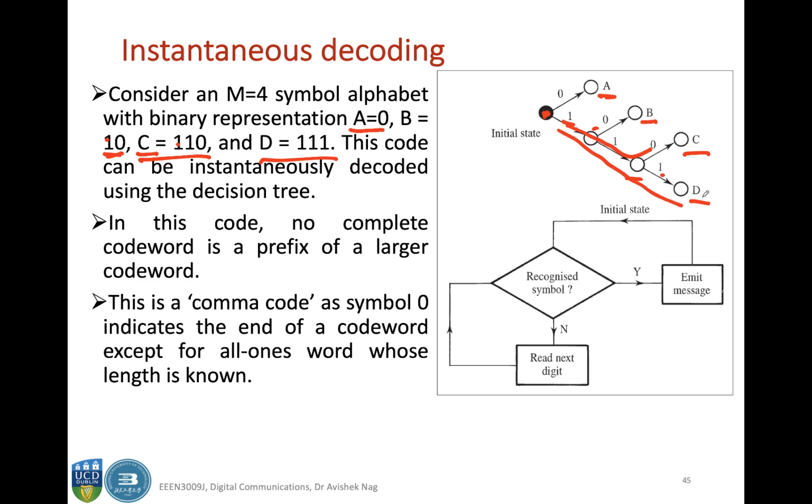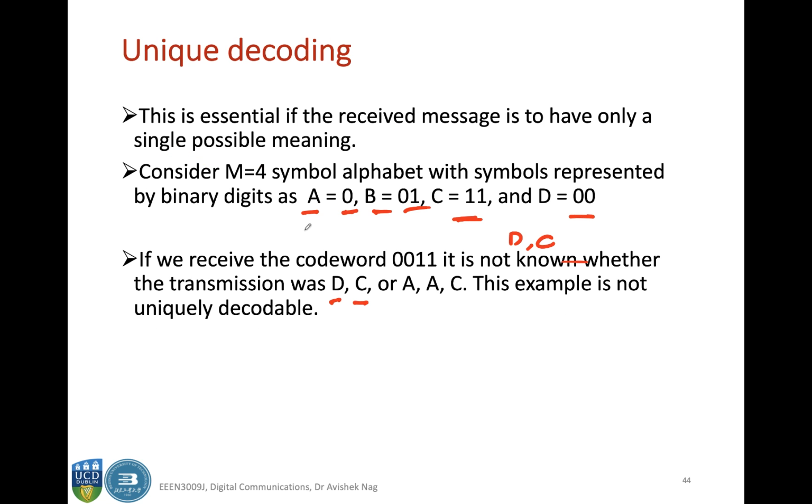Okay. So in this code, no complete code word is a prefix of a larger code word. So 1 0 is not a prefix of any of these. 0 is not a prefix of the other 3, and so on. So in the previous case, this 0 is a prefix of B, because B contains 0 1.